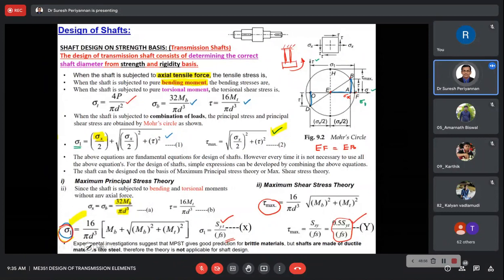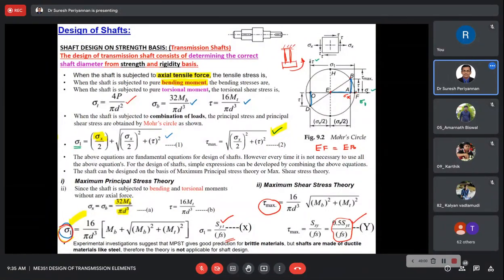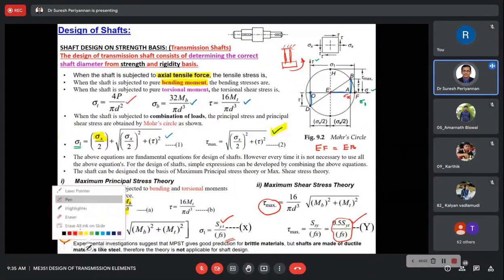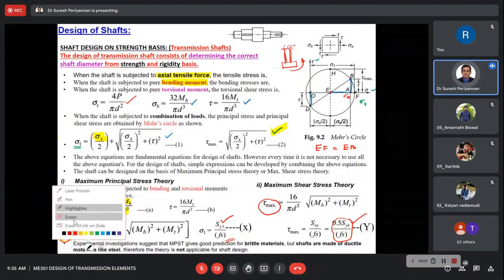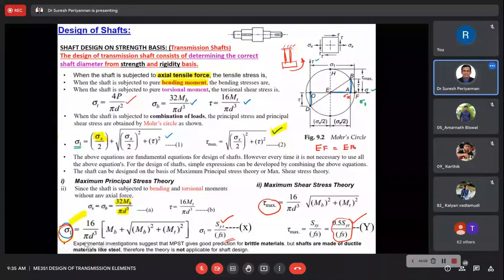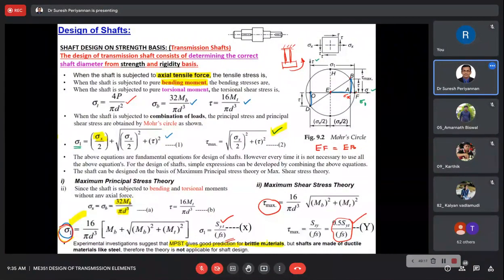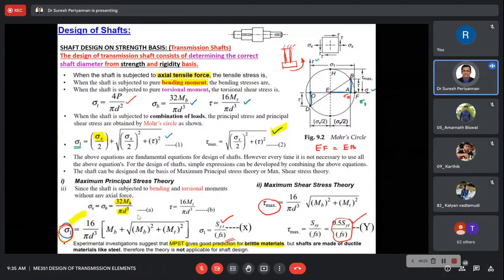Now, finally, see here, as per the experimental investigation, people suggested that maximum principal stress theory is good for brittle material. But if the shaft is made of ductile material, then this theory is not applicable.